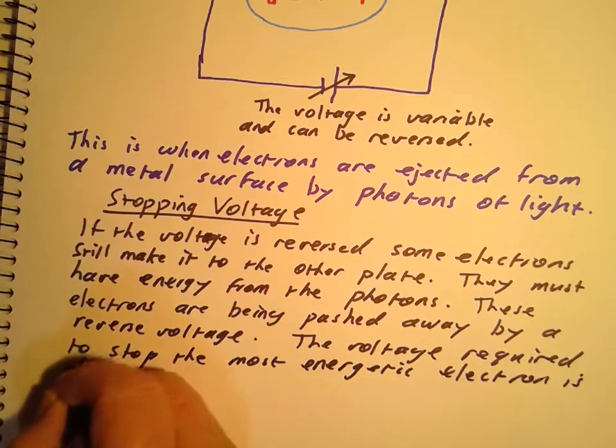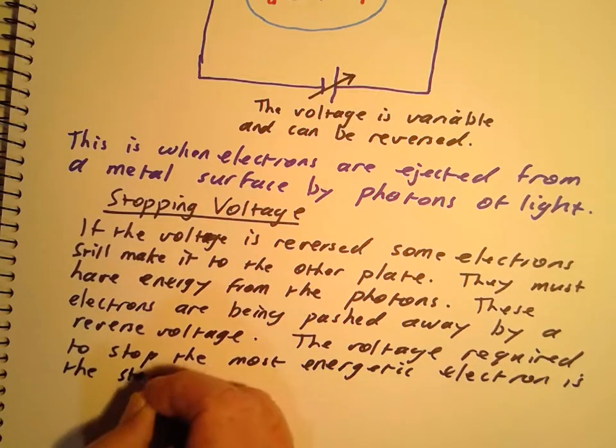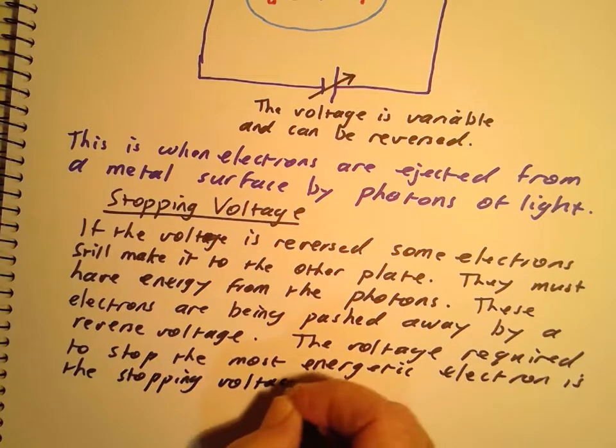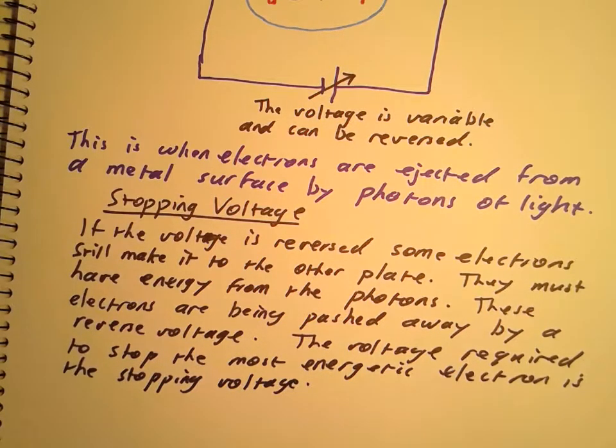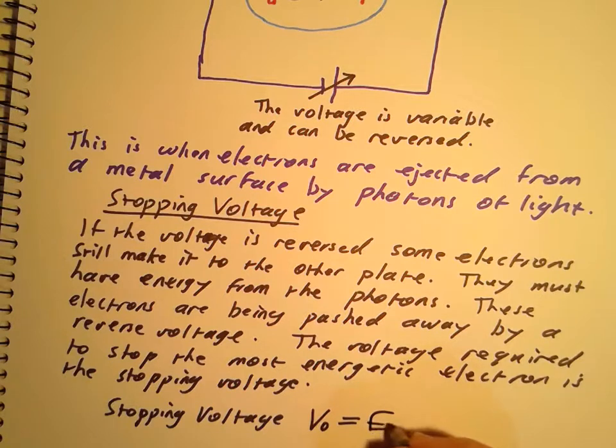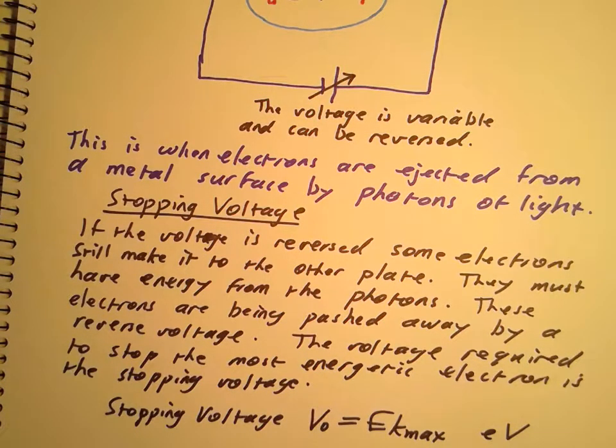Now, clearly that equals EK max. Stopping voltage V0 equals EK max. And because it's a voltage, we know the energy of the electron because it's in electron volts.